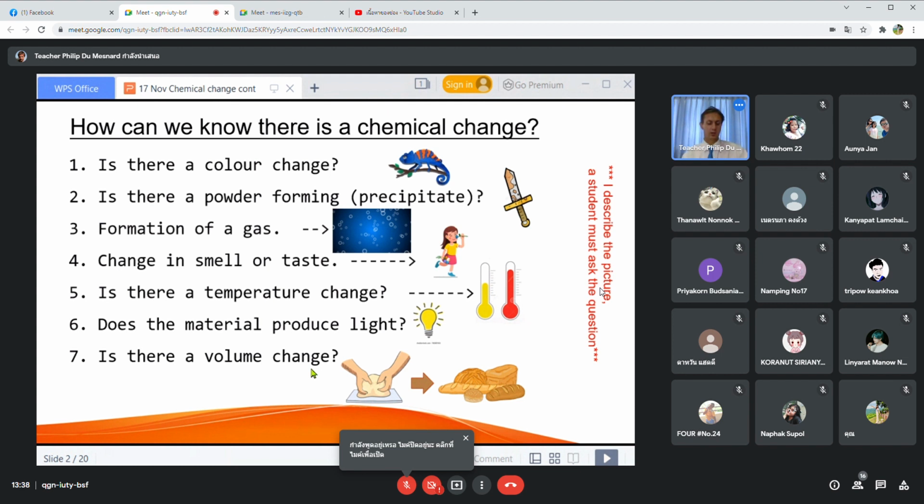If there's a chemical reaction, yes, something gets bigger. Sometimes it gets smaller, smaller, smaller, and that can also be a chemical reaction.